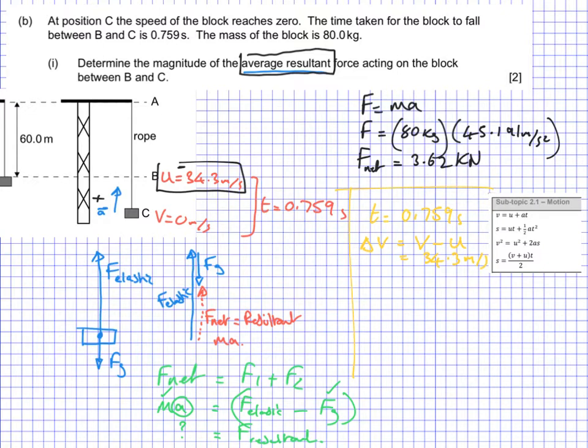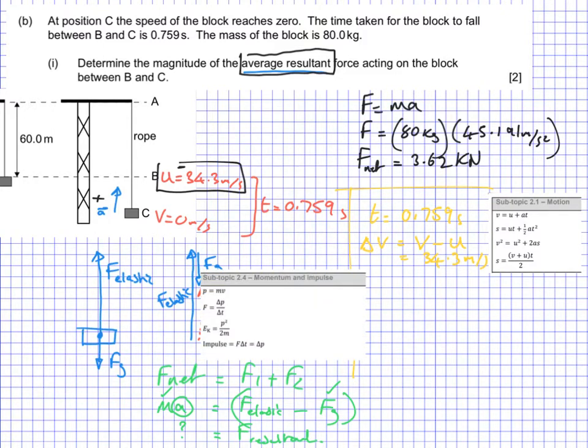And when we look at our momentum equations, we should see, there we go, I've got it there, that we have a force that's equal to the change in momentum over the change in time.